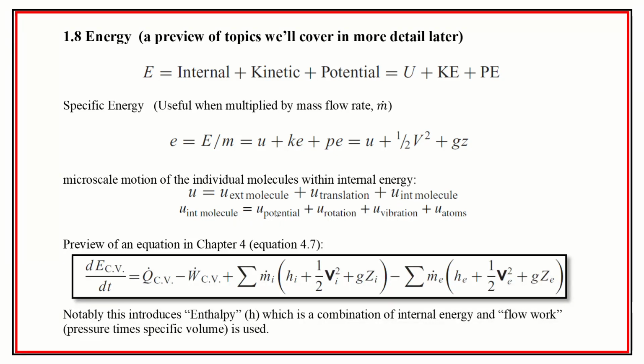But anyway, they're saying that this internal one is broken down to the individual molecular potential, rotational energy, vibrational energy, atoms, all of that stuff. You don't need to know what these things are, but just get a sense that this internal energy has a lot of energy parts to it on a micro scale, and we're looking at the macro scale.